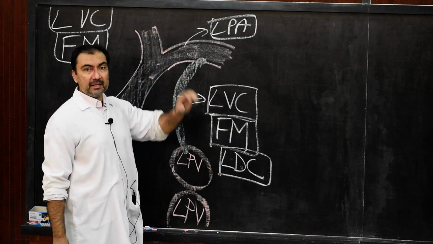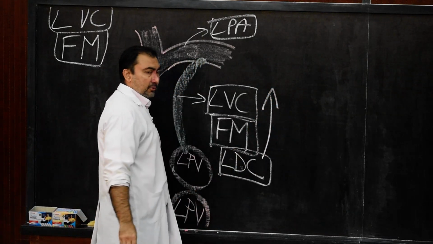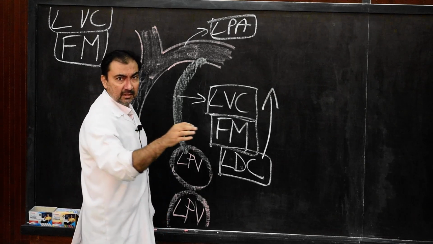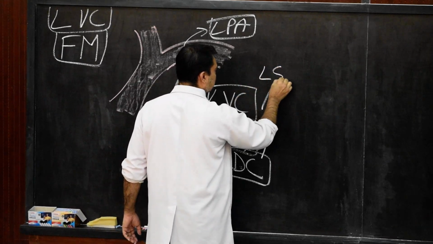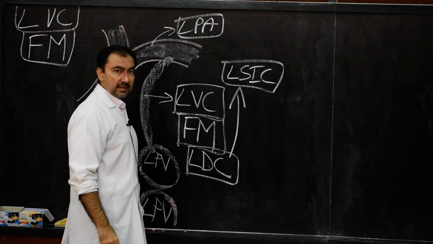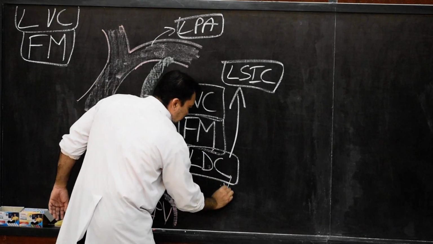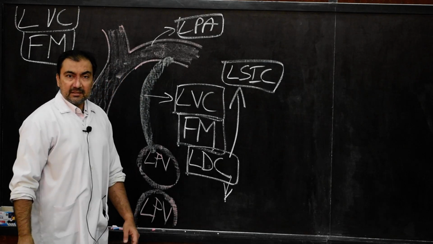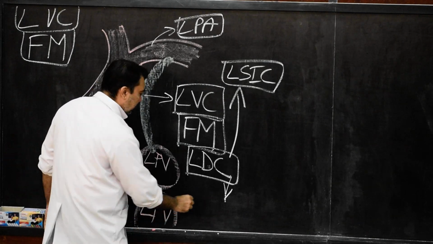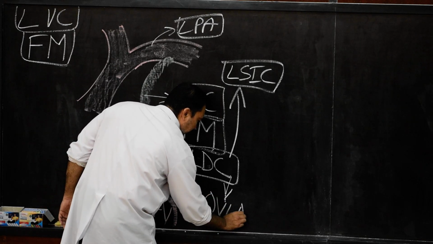This left duct of Cuvier will continue superiorly, remember, with the left superior intercostal vein, and inferiorly it will continue with the oblique vein of left atrium.